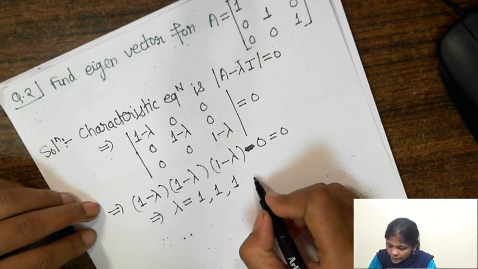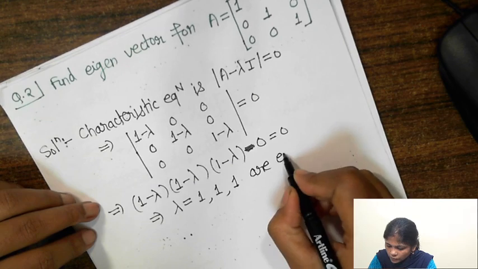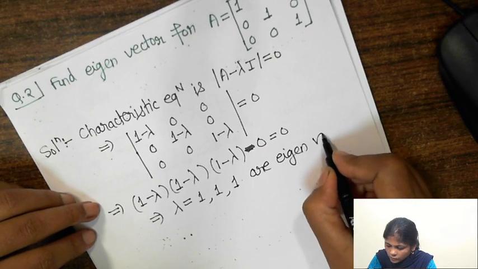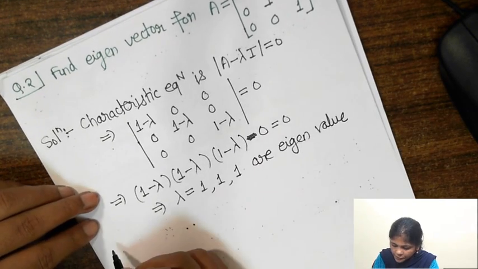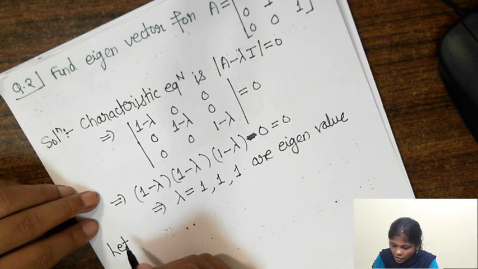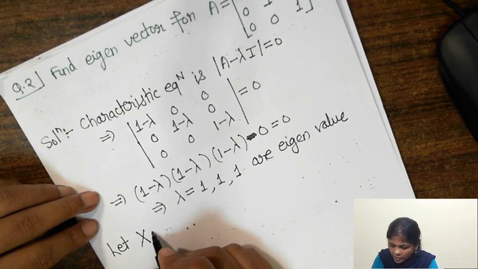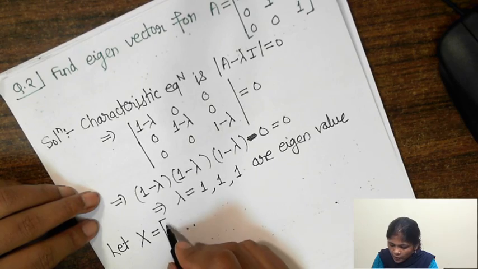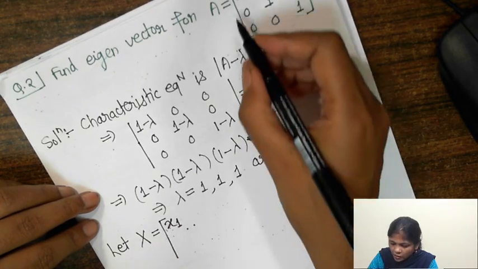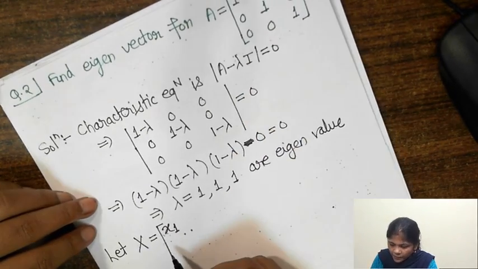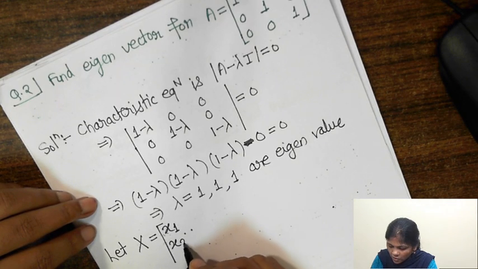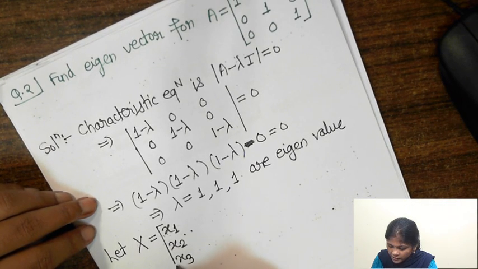Now let us find the eigenvectors. According to the definition, what is an eigenvector? An eigenvector is nothing but a non-zero column vector. The order of the matrix is 3 by 3, so that's why this column vector includes 3 elements.